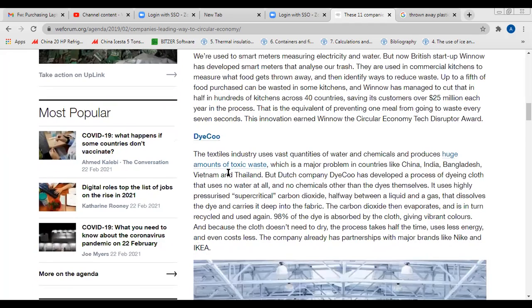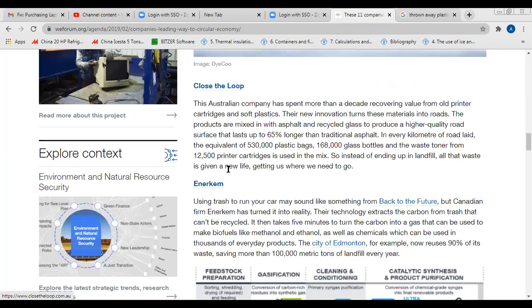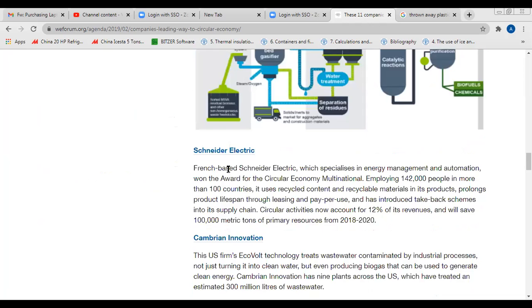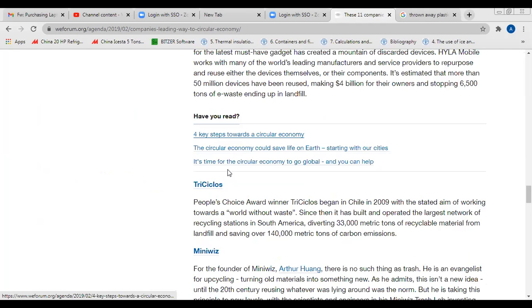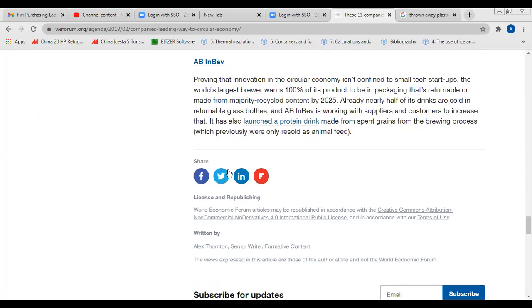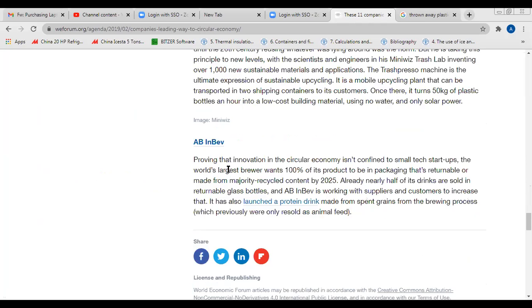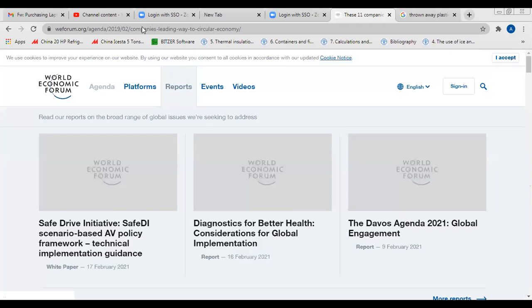So this compares how they are going for this circular economy. So what they have done, so you can see. Even you can read this. Maybe I will send this in a chat. Okay, I will send this in a chat.